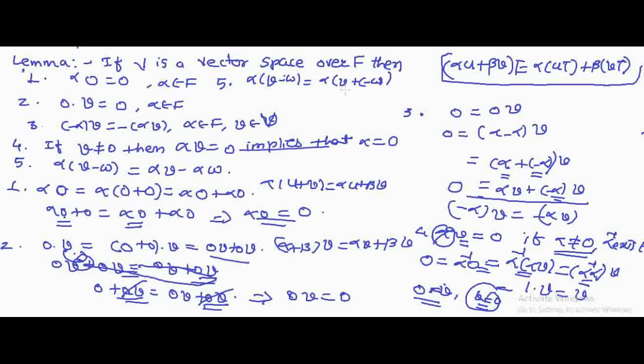Now apply the first condition of vector space, u plus v, so I will get here alpha v plus alpha into minus w equal to, again here we replace this minus 1, suppose alpha beta equal to alpha into beta, alpha in bracket beta v, equal to the fourth condition, so instead we write this as alpha v plus minus alpha into w, but by the third condition we can write this as alpha v minus alpha into w.